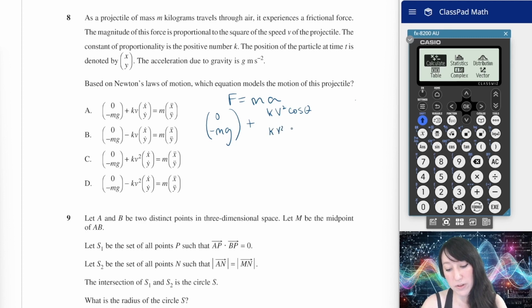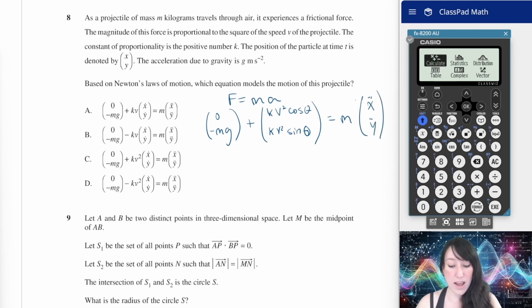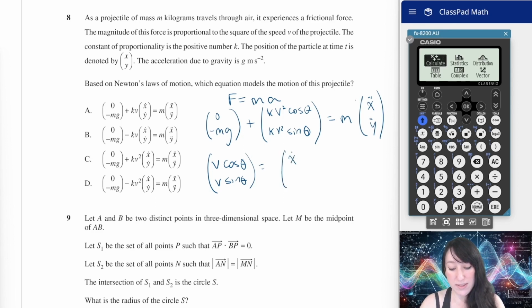Similarly for vertical. And acceleration, of course, on the right-hand side. Now, what can we do with that second vector there? Well, we do know that v cosine theta and v sine theta would equal the horizontal component for velocity with respect to time, since again theta is a function of time, and the vertical as well.